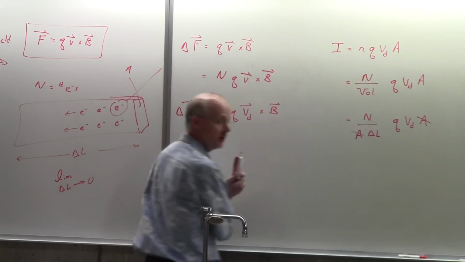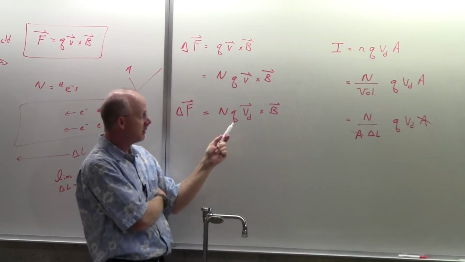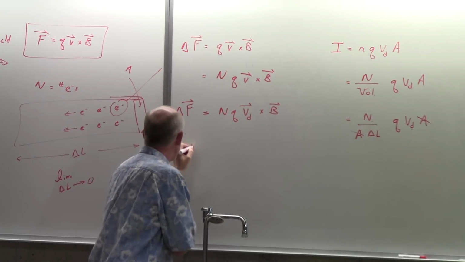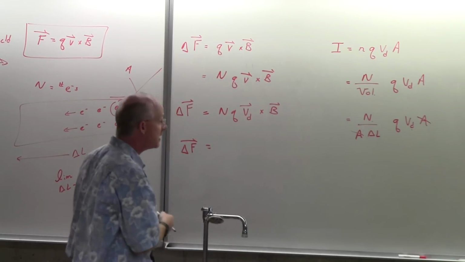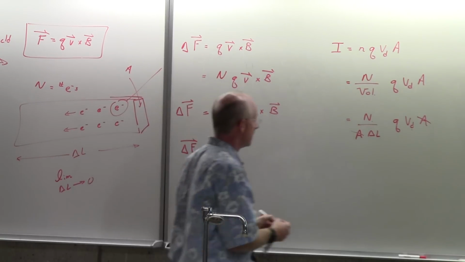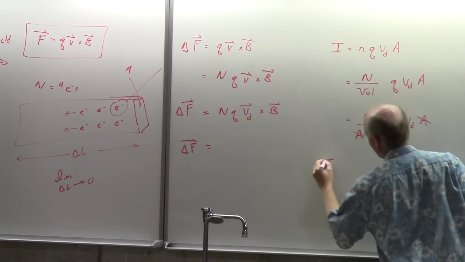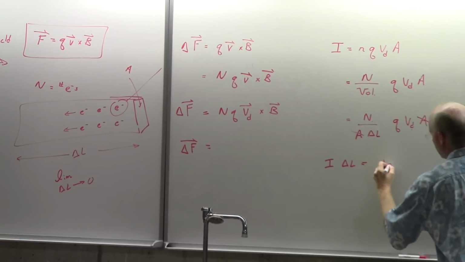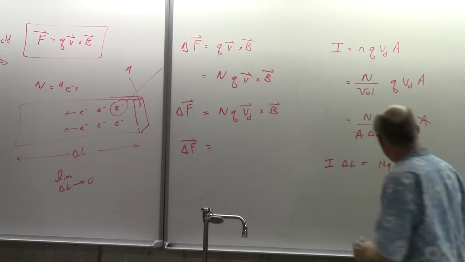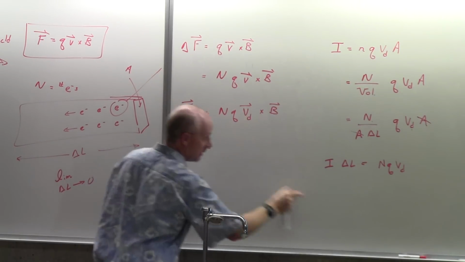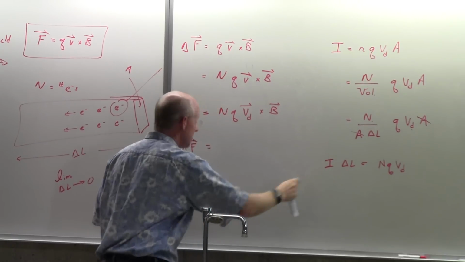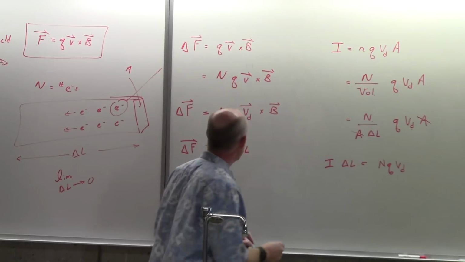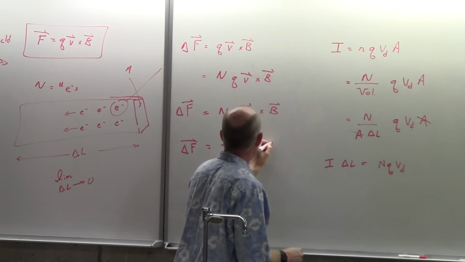Isn't that what I have over here? NQVD. So this small little force is equal to what? Well, maybe I should put current and delta L on that side, and that would equal NQVD. And so if I take all of these and substitute this, I get I delta L cross B.